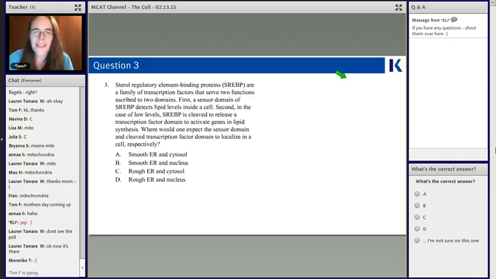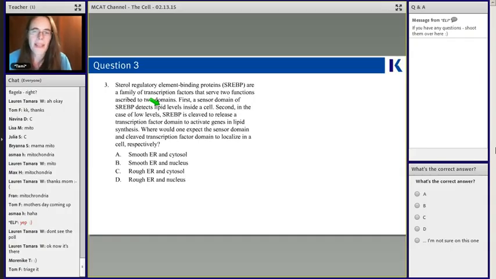So what we see is sterol regulatory element binding proteins. They give us the nice little shortened version of this. It's a family of transcription factors that serve two functions ascribed to two domains. First, a sensor domain detects lipid levels inside of a cell.